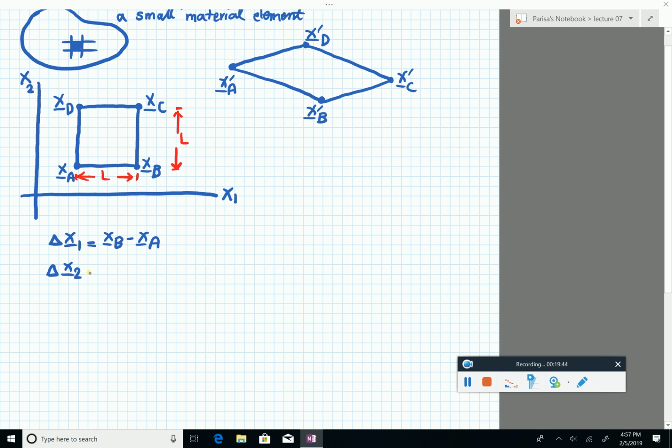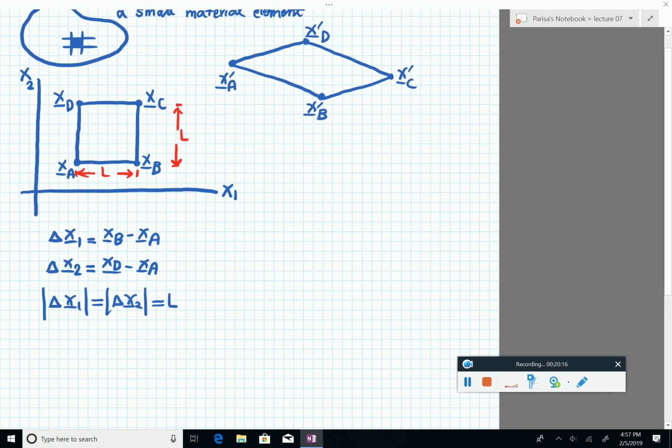And the same way, if I look at the other dimension, I can write this. And I assume that this is a square, so the lengths, these are vectors, and I took both to be L. Now what's going to happen to delta x1 in the deformed configuration?